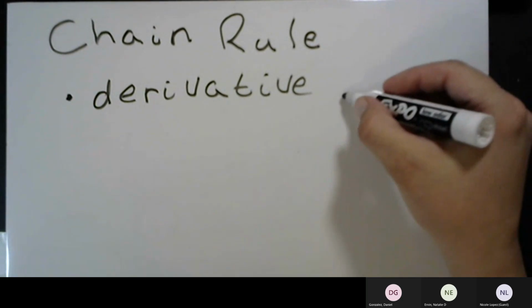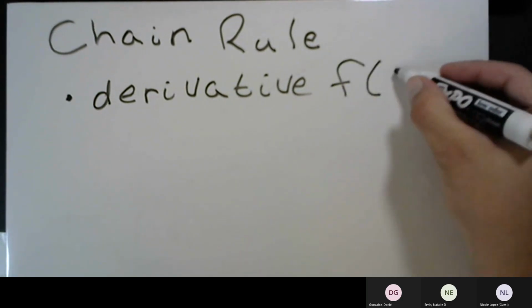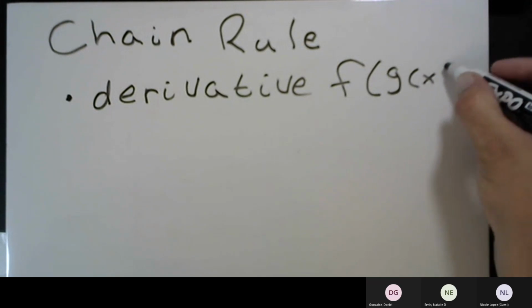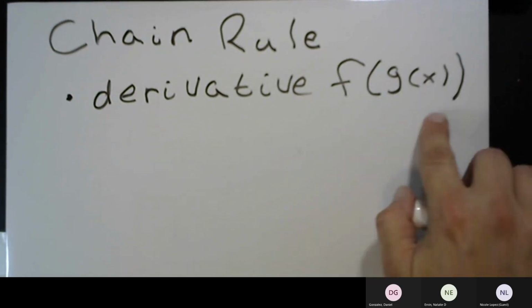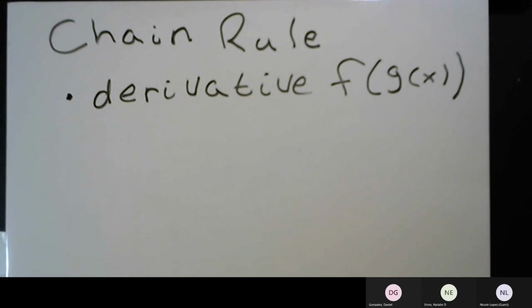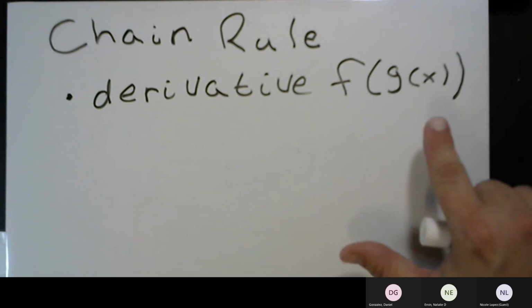We've seen product rules and quotient rules, but now we're going to figure out how to take the derivative of a composition. So how do we deal with this?